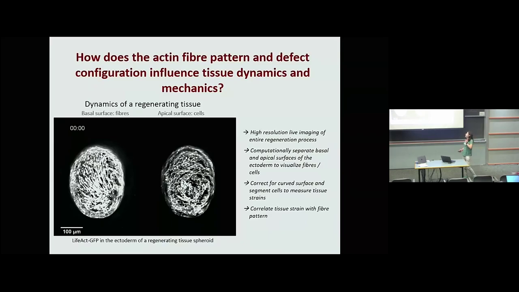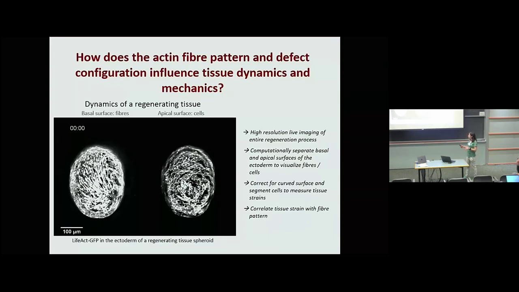Okay, so in order to be able to correlate the fiber organization and the location of the defects with tissue dynamics, we need a way to actually visualize what is happening to the tissue. For various technical reasons, we needed to do quite a lot of computational image analysis here and separate the signal from this actin, which marks also the fibers and also the apical junctions of the cells.